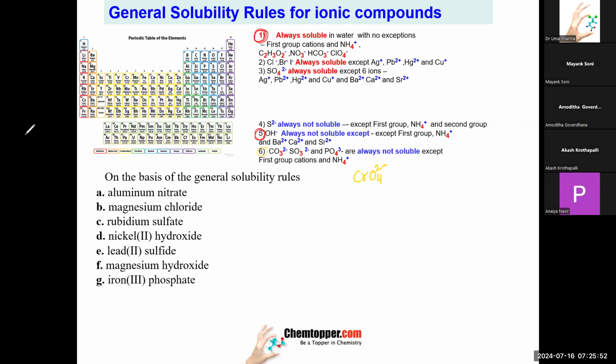See here. When I say soluble, why are we learning it? Because when I say soluble, then the ionic compound is a strong electrolyte. You remember? Means 100% dissociated. Agreed? And when I say less soluble, it means it can come out as solid easily.